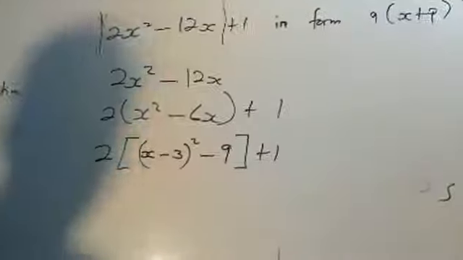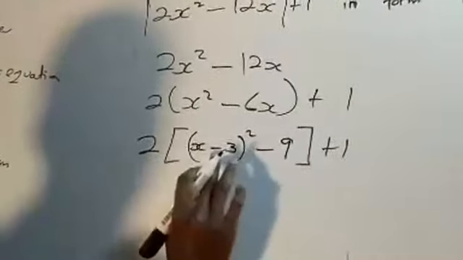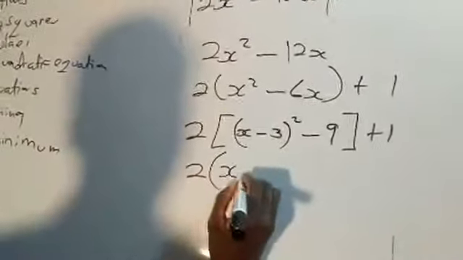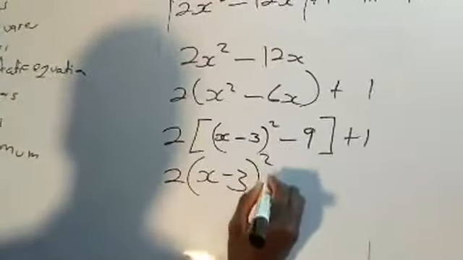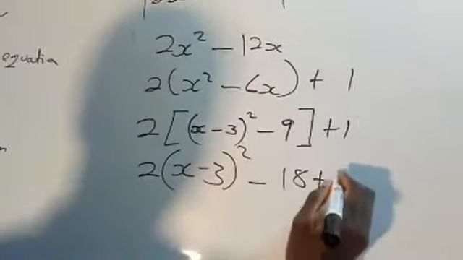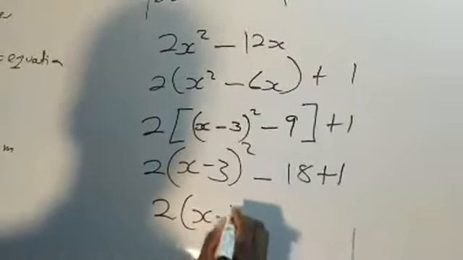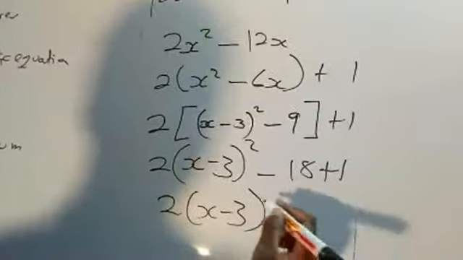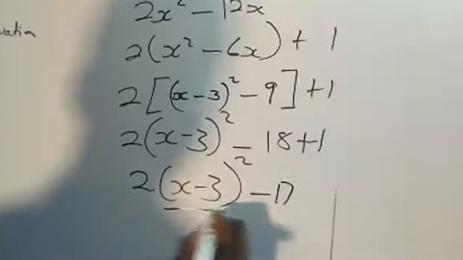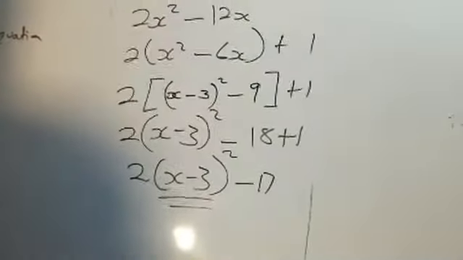When we enter 2 in the brackets, it becomes 2 into x minus 3 squared minus 18 plus 1, becoming 2 into x minus 3 squared minus 17, meeting the condition of the question.